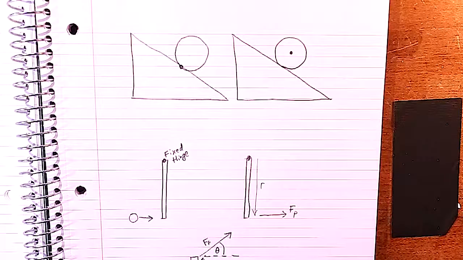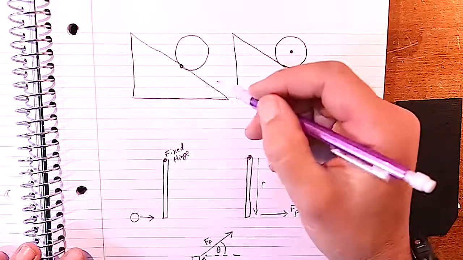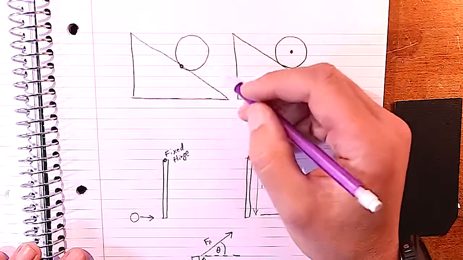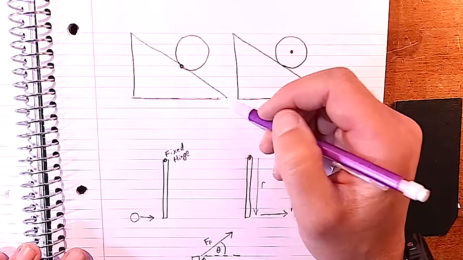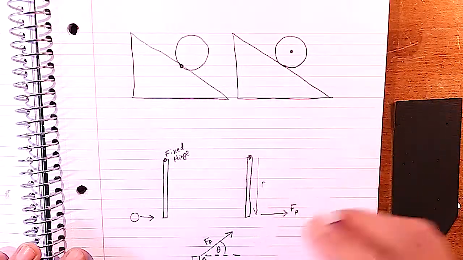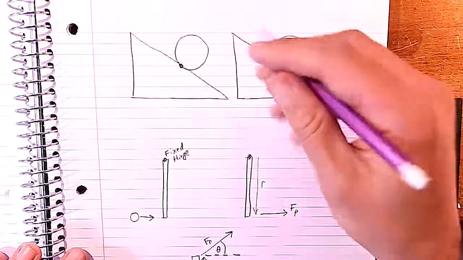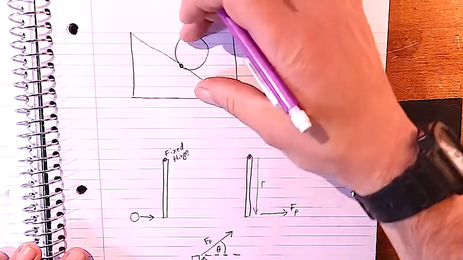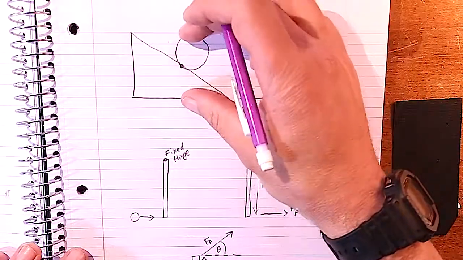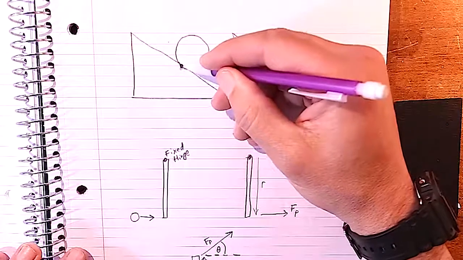Another subtlety with torque is that we are the ones who choose the origin. So let's look at two different examples where we can choose two different origins. The first one is where we have a ball rolling down a hill with friction. So it's not slipping, it's not sliding. Well, we can say that the sphere is rolling around this point.